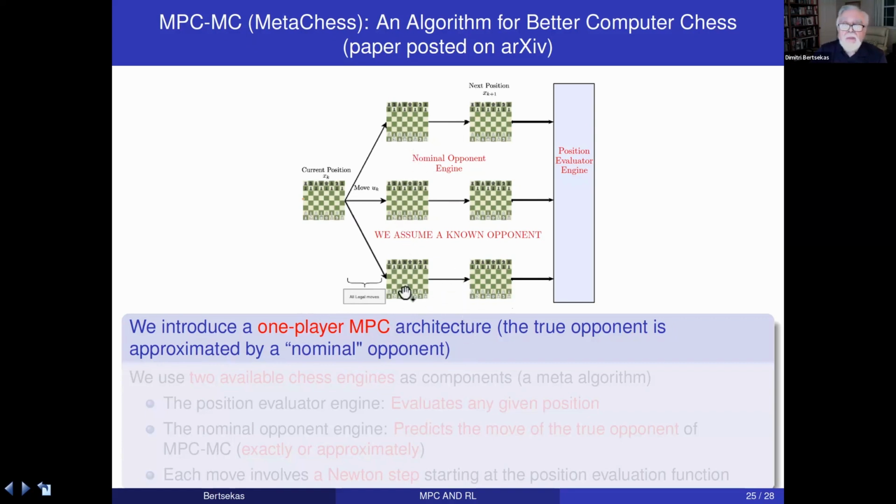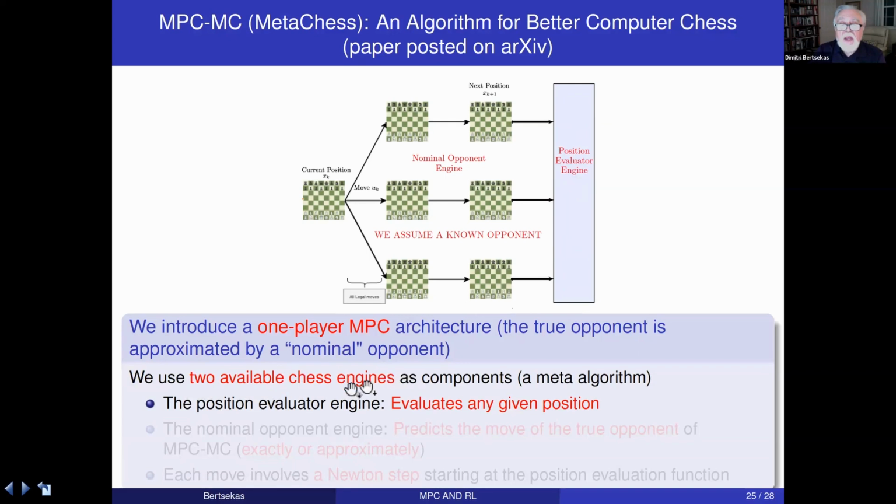So in this MPC architecture, at the current position, we consider all possible legal moves, and then we predict the play of the opponent using some computer engine, and then we evaluate the result using a position evaluator engine.